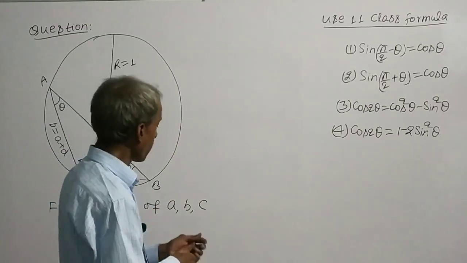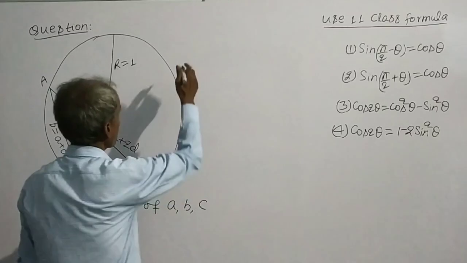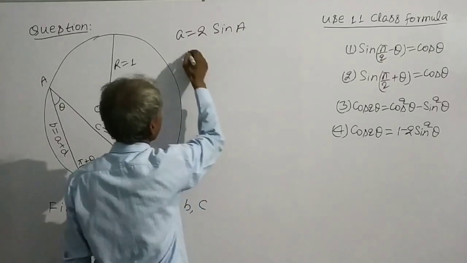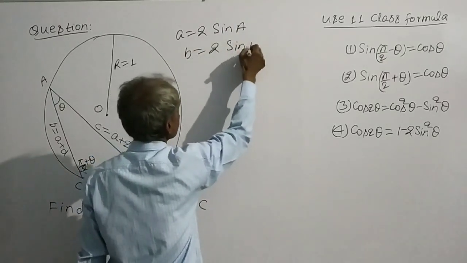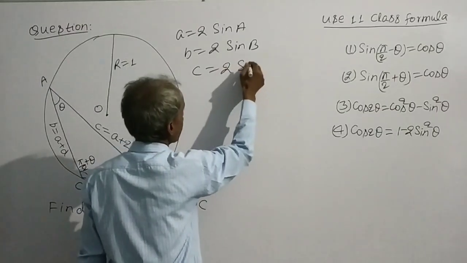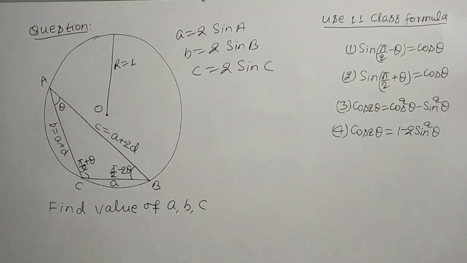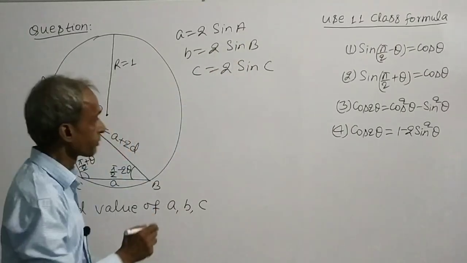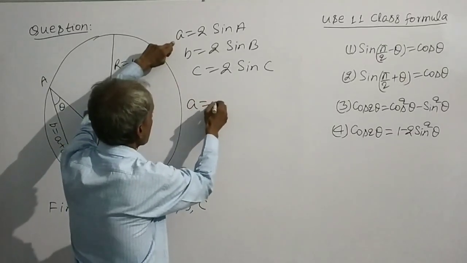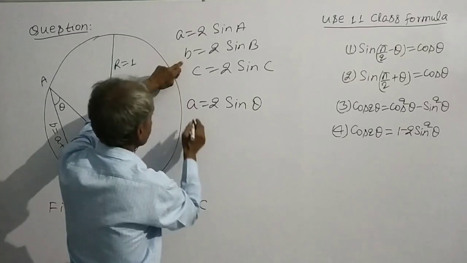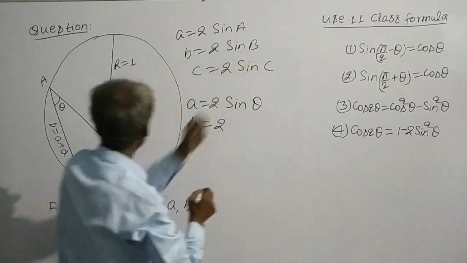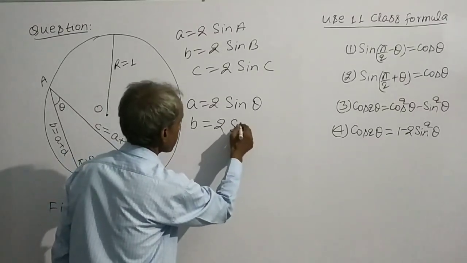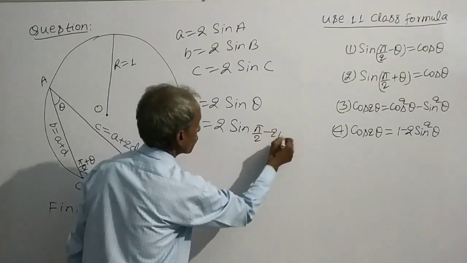Since we have already proved that a is equal to 2 sin A, b is equal to 2 sin B, c is equal to 2 sin C, when angle A is theta, we put theta here. a is equal to 2 sin theta. b is equal to 2 sin B, and B is equal to pi by 2 minus 2 theta, so sin of pi by 2 minus 2 theta.